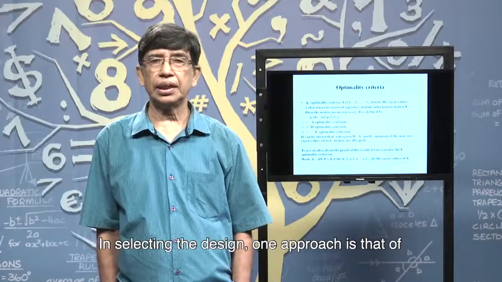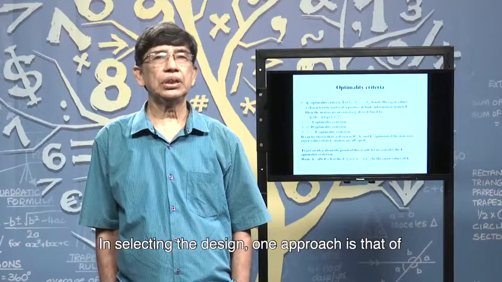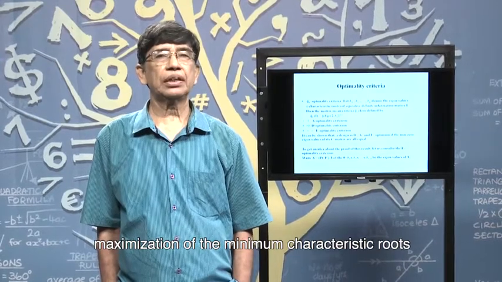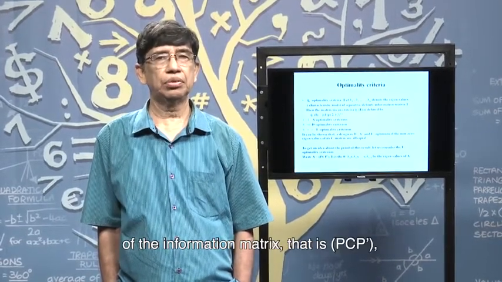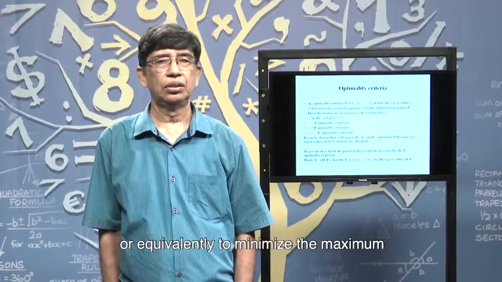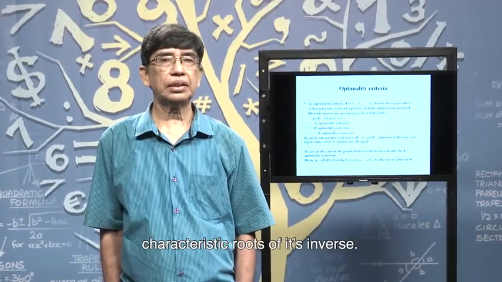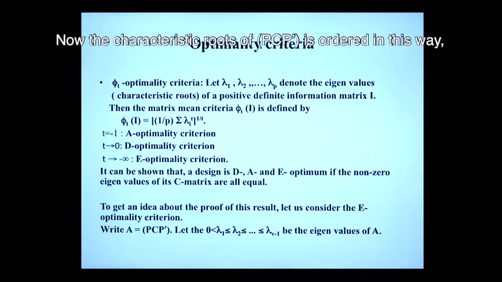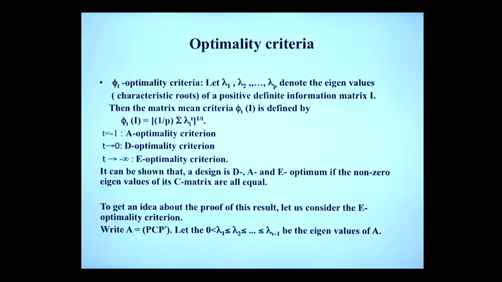In selecting the design, one approach is that of maximization of the minimum characteristic root of the information matrix, that is P C P prime, or equivalently to minimize the maximum characteristic root of its inverse. Now, the characteristic roots of P C P prime are ordered in this way, while those of P C P prime inverse are 1 by lambda 1 greater than or equal to 1 by lambda 2 etcetera.